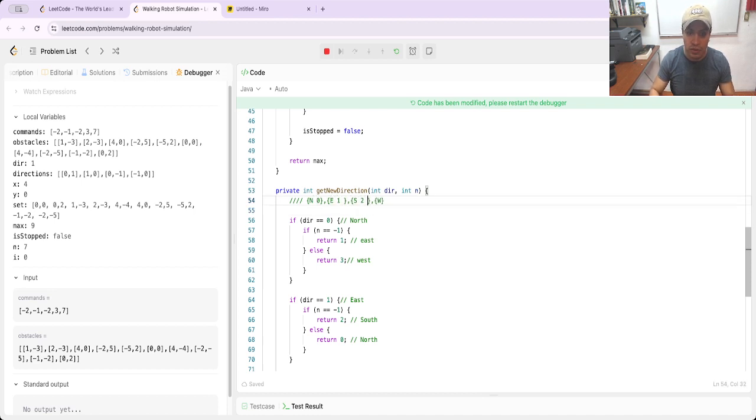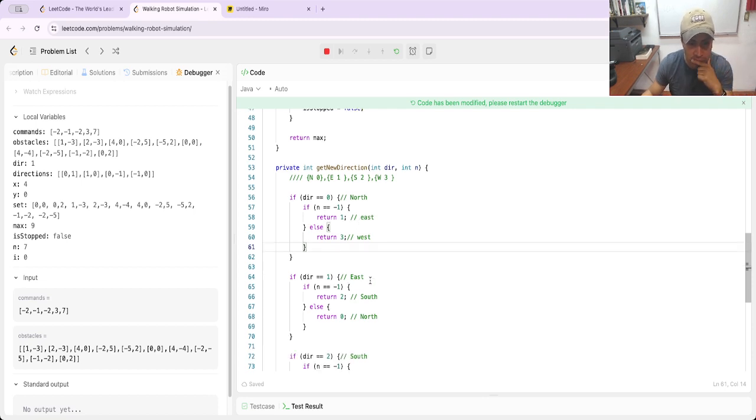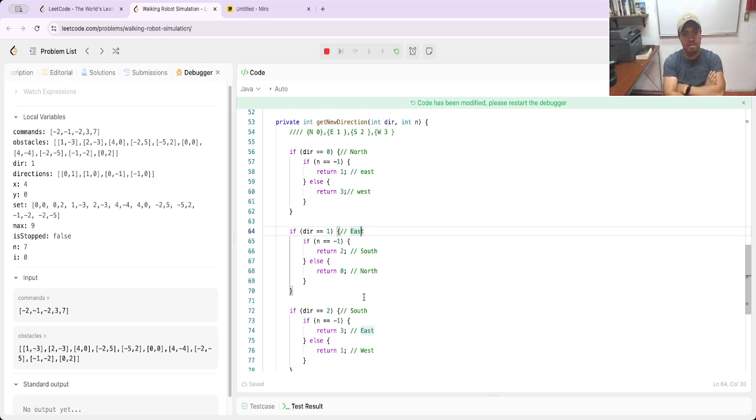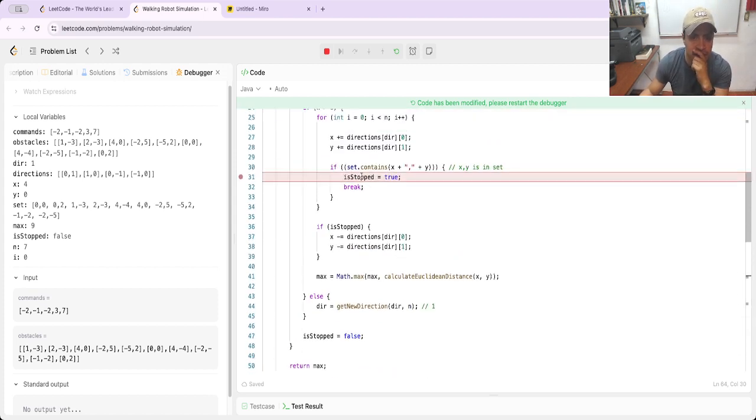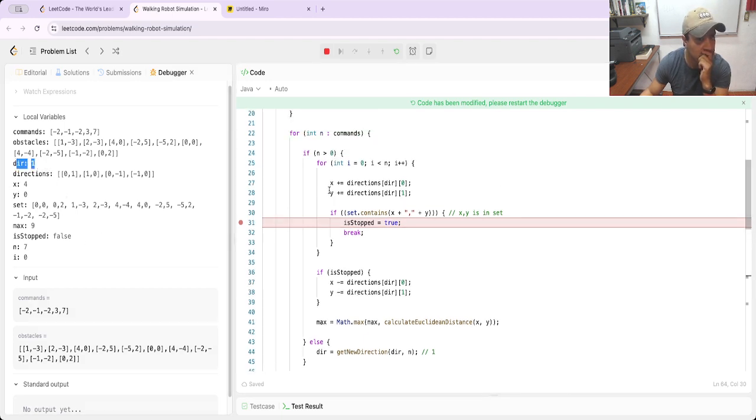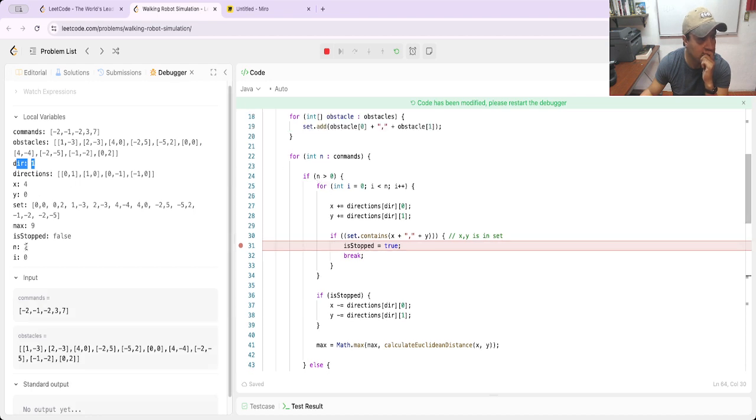One, 2, 3. Okay, here east is 1 and west. Oh no, it's the same. North is 0. Is 1. No, it's, yeah, but it's for this. Okay, this direction, what is the direction? Is 1. And n, what is the value of n? Is 7.